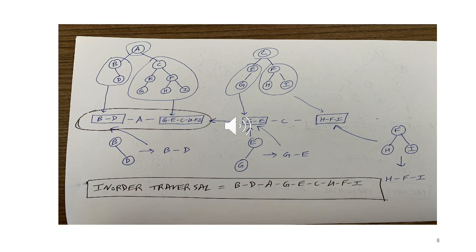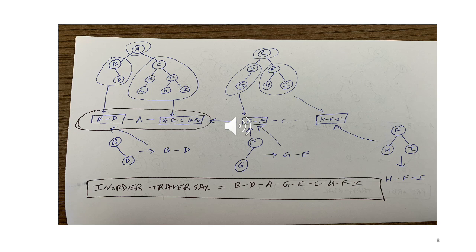Note that the goal is to visit all the nodes. So what is the algorithm? What are the steps we take for that? In-order of left subtree, right? So what is the left subtree? Left subtree will have B and D. The way we have put it here is initially this box which has B and D will be blank.